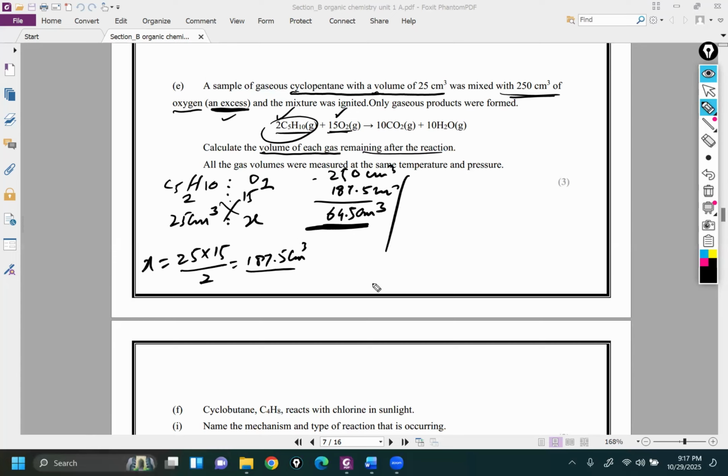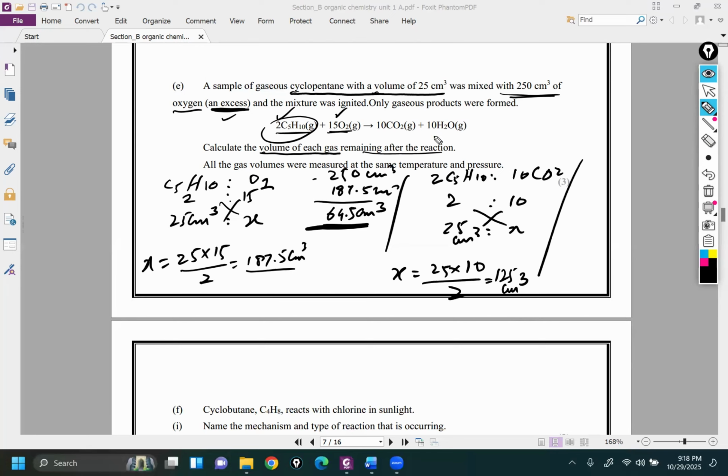Now, you see here 2 moles of C5H10, and on the product side is carbon dioxide. If this is 2, this should be 10. This is combusting 25 cm cube, so how much will it produce? You can again cross multiply, 25 times 10 divided by 2, and you will get the answer 125 cm cube.